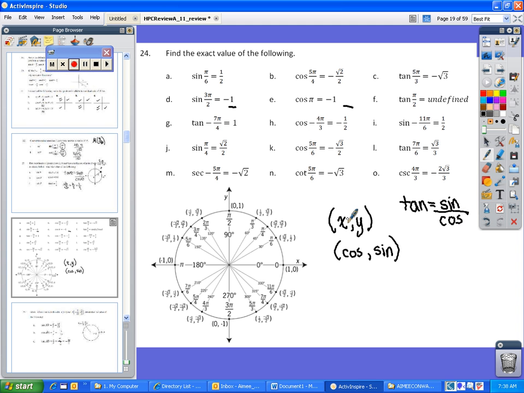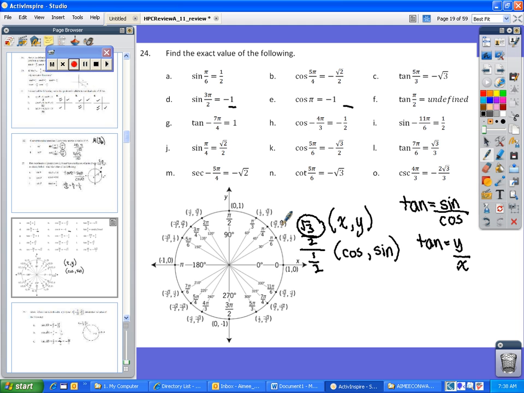So again, x is cosine, y is sine. If I take the y value and put it over the x value, then I will get the tan value. So for this one, I would take root 3 over 2 and put it over 1/2. Simplifying that will just give me root 3. So the tan value of pi over 6 is root 3.